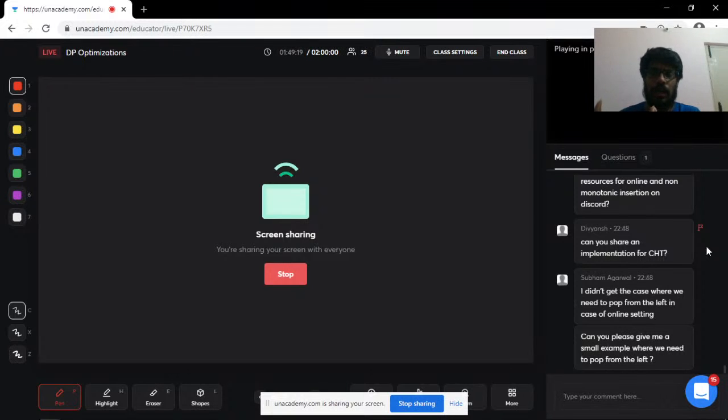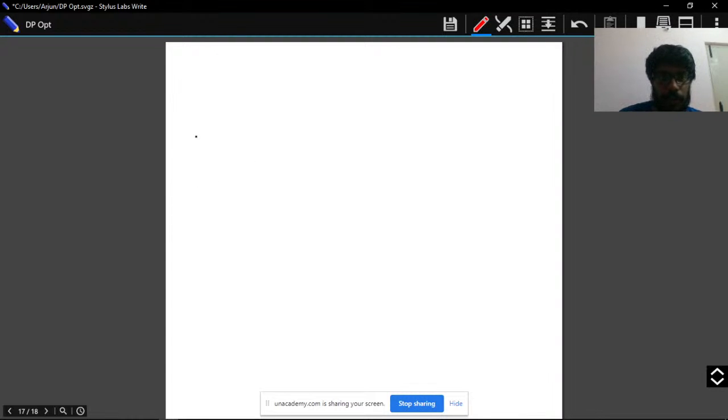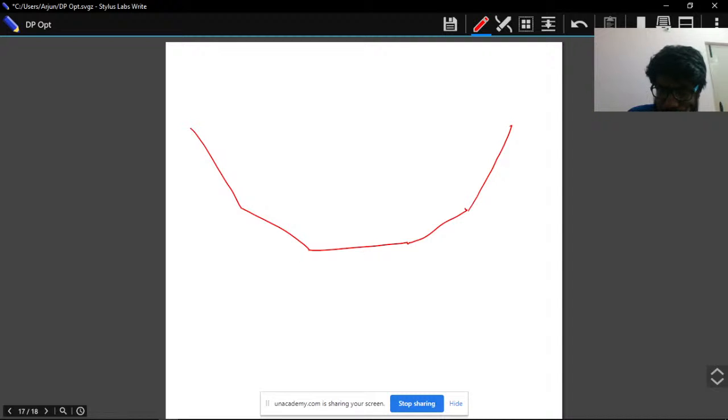Do you mean in online setting, in the fully dynamic setting? So in the fully dynamic setting, sure, I'll draw an example and show. Say the upper envelope at some point is this, and the new segment you add, say it's something like this. Okay. So this segment's slope is between this segment and this segment.